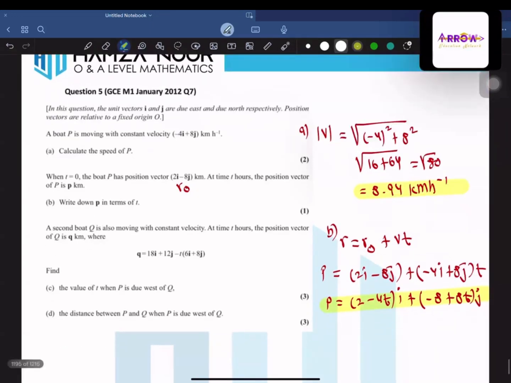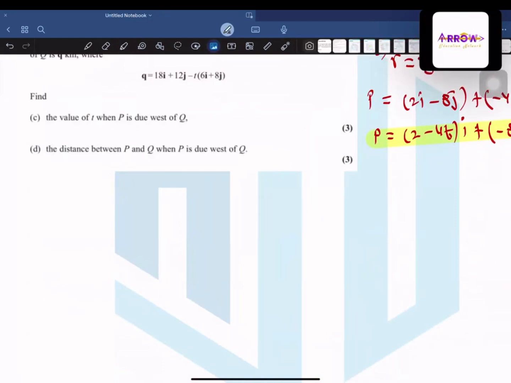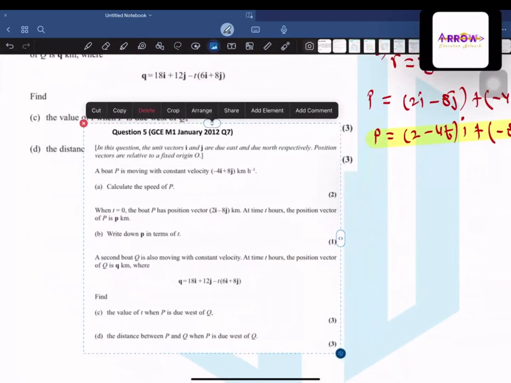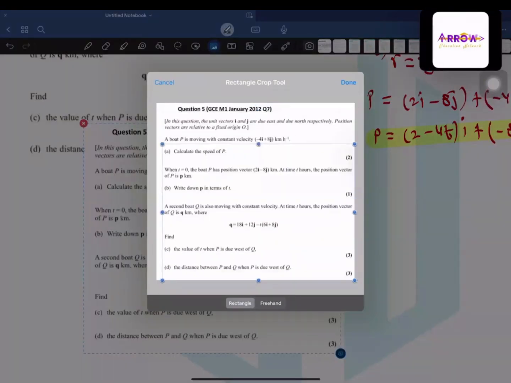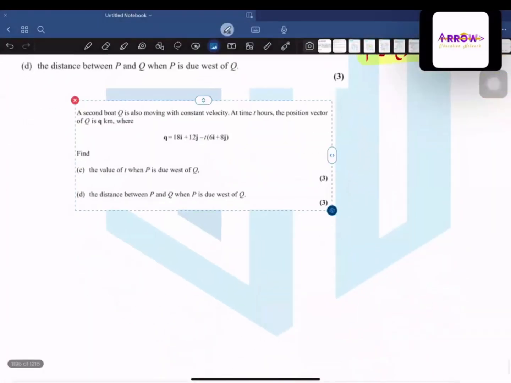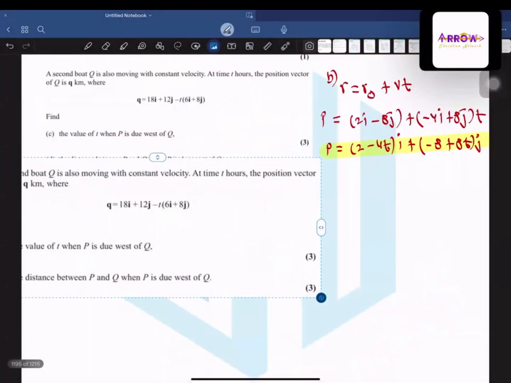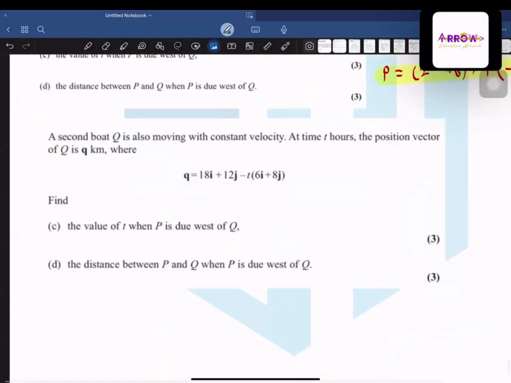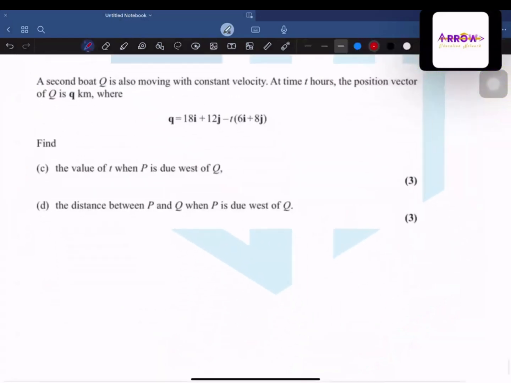For part C and D, I'll bring the picture of the question over here. We are going to focus on part C and D only. It says that a second boat Q, we have another boat which is Q, is also moving with constant velocity.